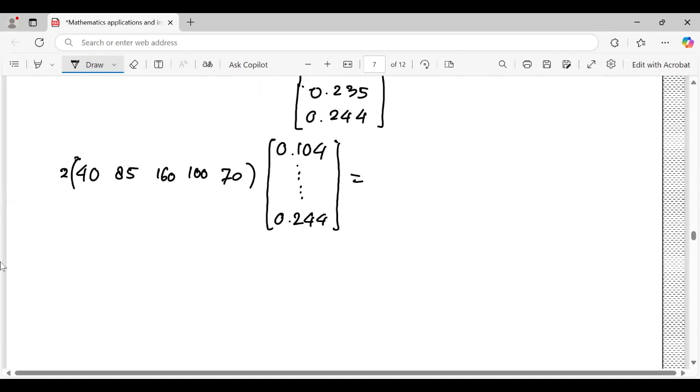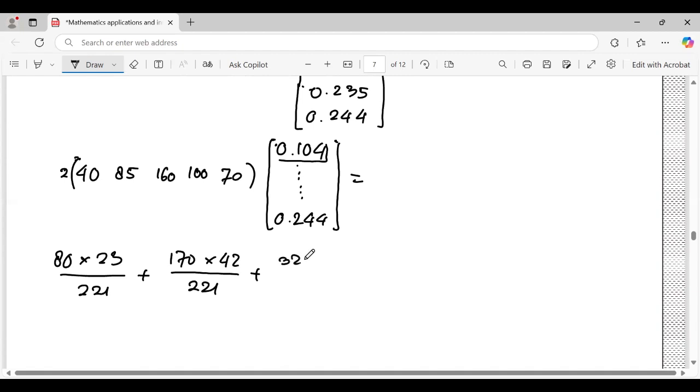If you calculate, the result is like this: 80, because 2 times 40, times 23 over 221, plus 170, because 2 times 85, times 42 over 221. After that, 2 times 160, 320, times 50 over 221.